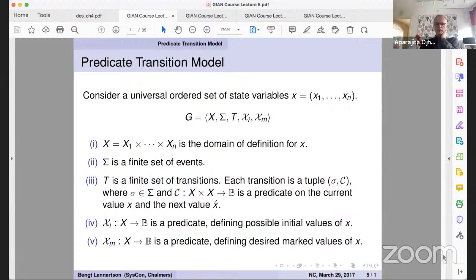And this type of model I proposed like 10 years ago, and you could say that it's not very unique. Others have done similar work, but maybe not exactly this. But you could also say that it's an extremely general model. So in that sense, more or less everything can be captured in this way.